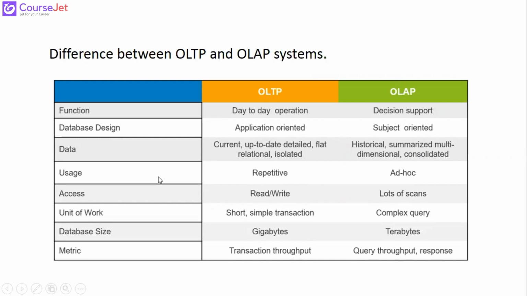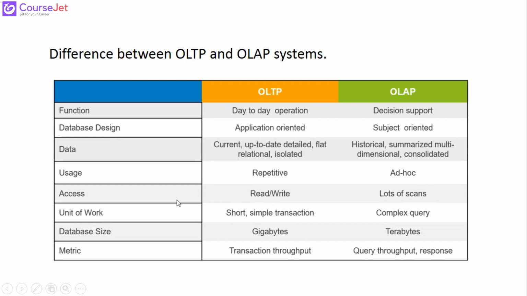Coming to the usage, OLTP is repetitive, the same operations will be repeated. And OLAP is ad hoc, you can write SQL with whatever request you had in mind, and it will provide you the output of the data it has.